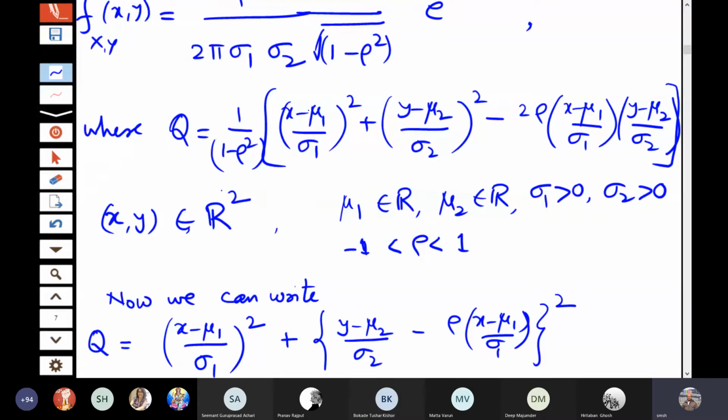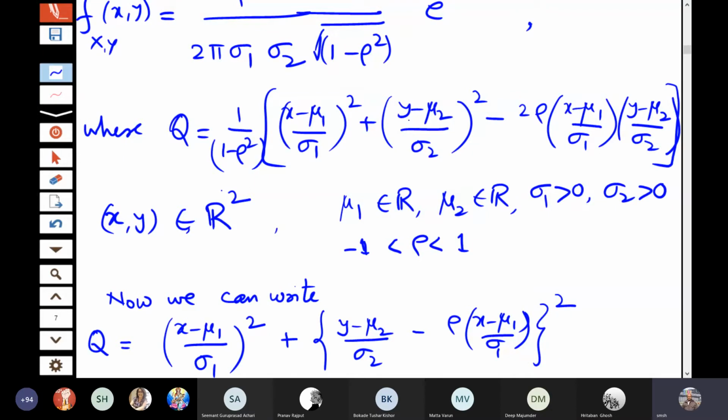So this is x minus mu1 by sigma 1 square. What I do is I here consider 1 minus rho square plus rho square term here. Okay. So if I get 1 minus rho square, then 1 minus rho square in the numerator and denominator gets cancelled out, and I get x minus mu1 by sigma 1 square.